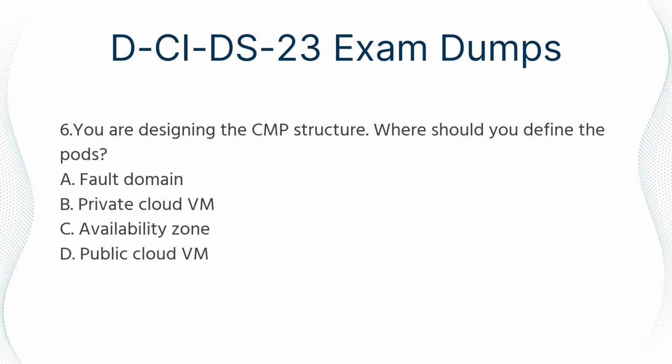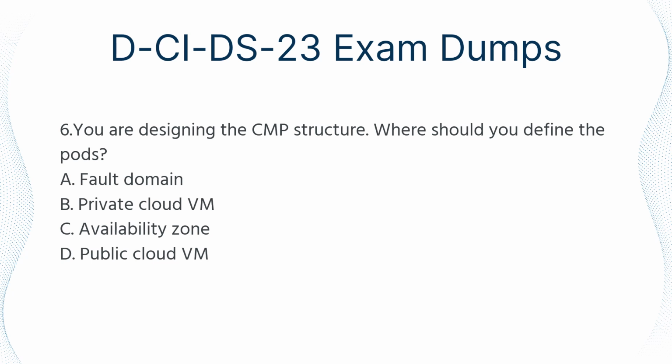By distributing pods across availability zones, the CMP can ensure high availability and resilience to failures within a specific zone. This architecture enhances the reliability of the overall system and helps maintain service availability in the event of failures or disruptions in one availability zone.